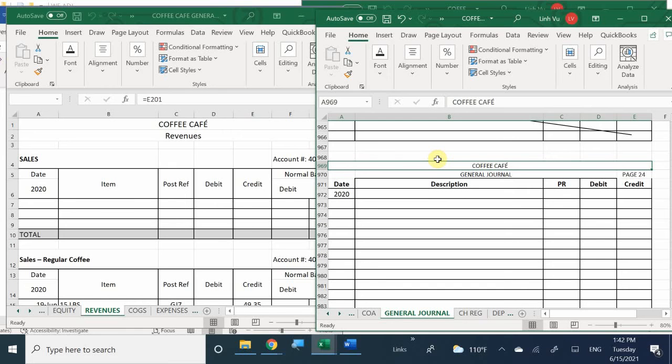When we close out our revenues, what we're essentially doing is zeroing out every single account. When we journalize our revenues, what do we normally journalize them as? Sales. I meant, debit or credit.